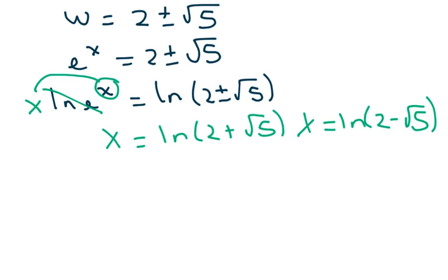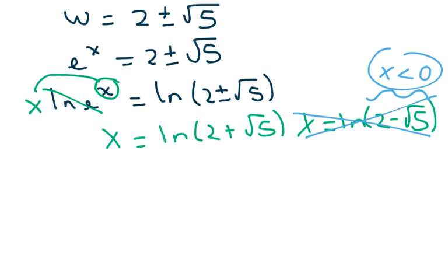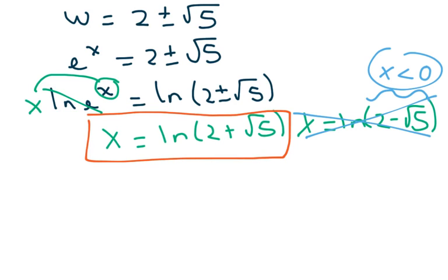Clearly, this quantity here is negative. So we have to disregard this solution because you can't have natural log being negative. So we only have one solution in this case, which is ln of 2 plus root 5.